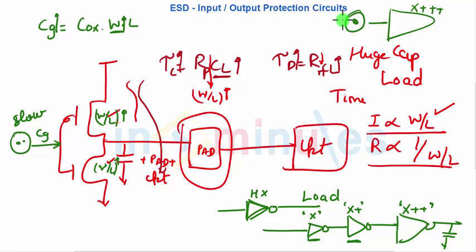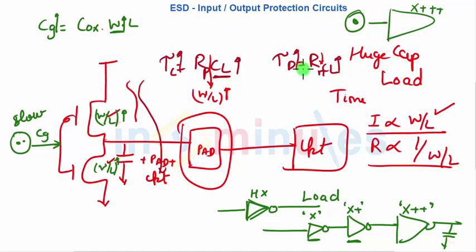So in summary, at the output, we need to drive a huge load, the external circuits which are connected. When this huge load needs to be driven, we saw that with tau equal to R into C, the delay would increase, correct? Now, if we want to reduce our delay, we need to reduce our R, which is the intrinsic R of the MOSFET.